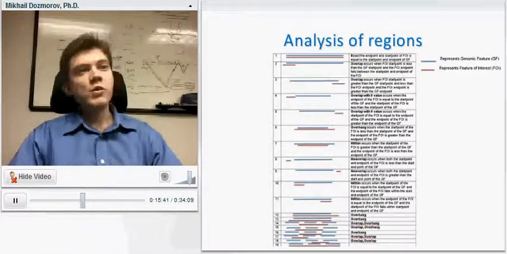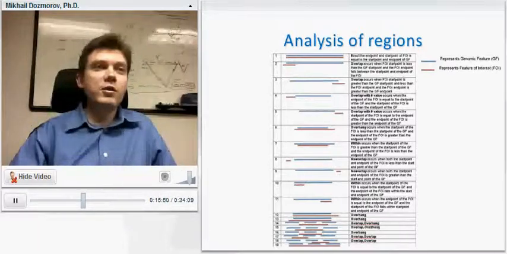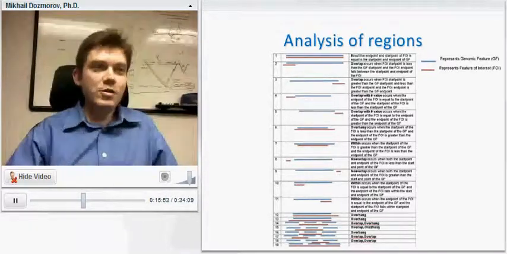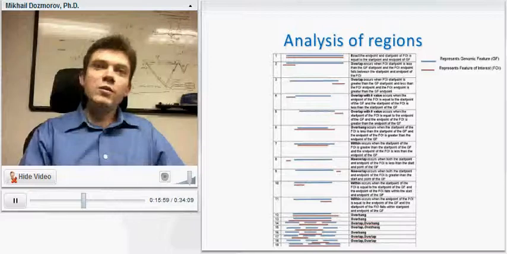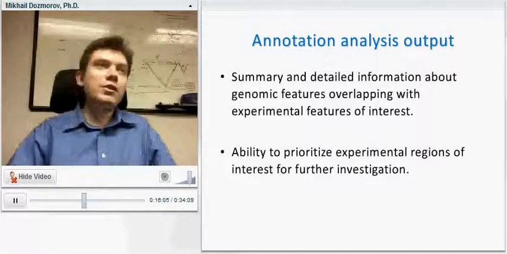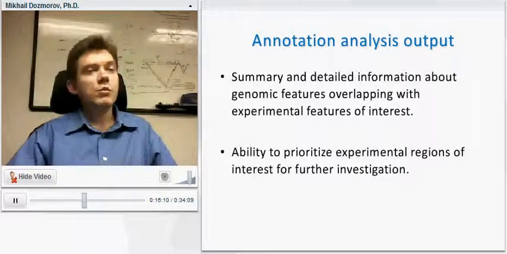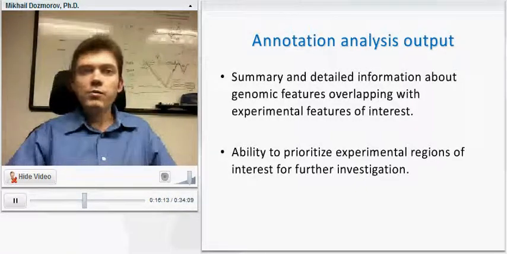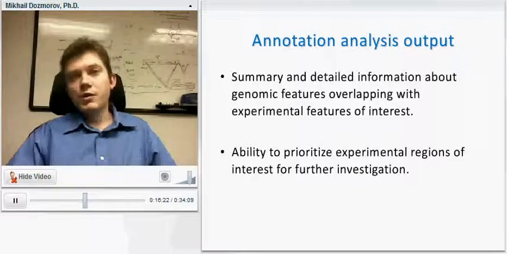Just to give you an overview of how many situations we can encounter with analysis of regions, this is a very busy table and you don't have to look very closely at all of those situations, just to give you an idea of what you have to deal with. But Genome Runner can deal with all those situations with equal efficiency, and annotation analysis can provide us with summary and detailed information about genomic features overlapping with experimental features of interest, and from this knowledge we are able to prioritize experimental regions of interest for further investigation.